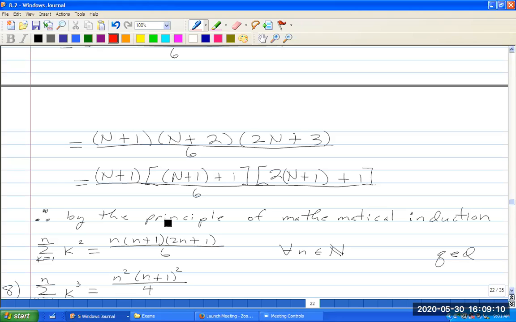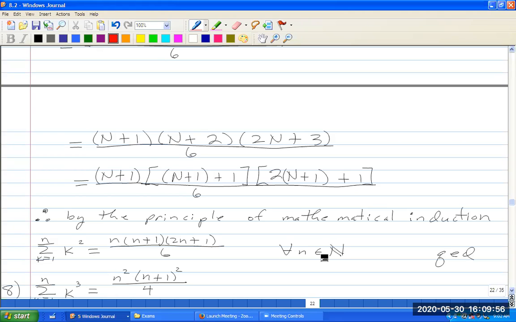Therefore, assuming that the formula is true when little n is equal to big N, I've shown that this implies that the formula is true when I replace little n by capital N plus 1. Therefore, the induction case holds. Since both the initial and induction cases hold, I've shown by mathematical induction that the sum k equal 1 to n of k squared is equal to n times n plus 1 times 2n plus 1 over 6 for every natural number n.